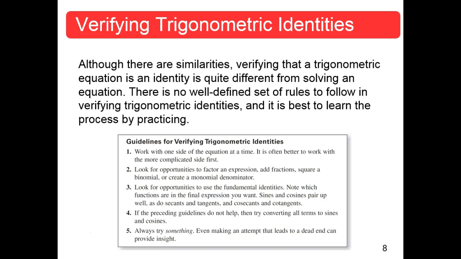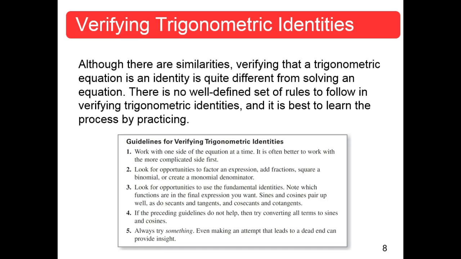If the preceding guidelines do not help, try converting all terms to sines and cosines. I probably do it much faster than they do. I'll go to that pretty quickly. If I don't see anything that seems obvious, I usually try that. Now, the last statement here: always try something. Now, don't do something that's incorrect.